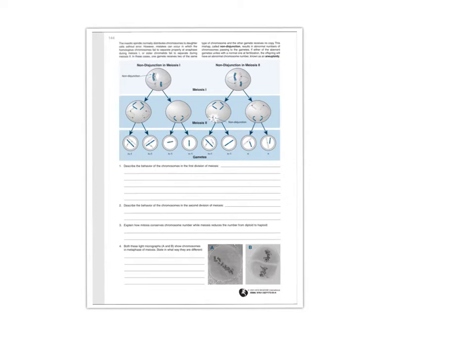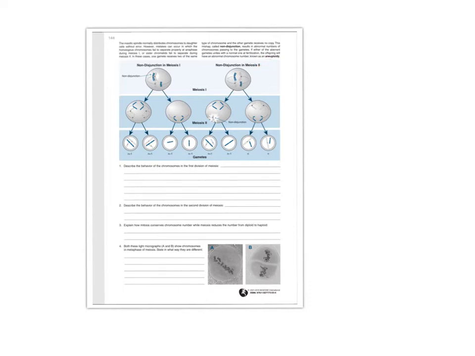When you have an abnormal, and this is important because most of these gametes end up in some type of miscarriage because they're not really going to be able to function as living organisms. Abnormal chromosome number, we call that an aneuploidy.